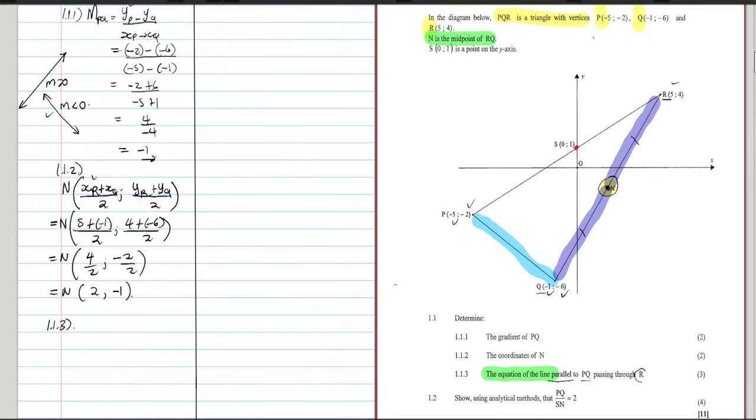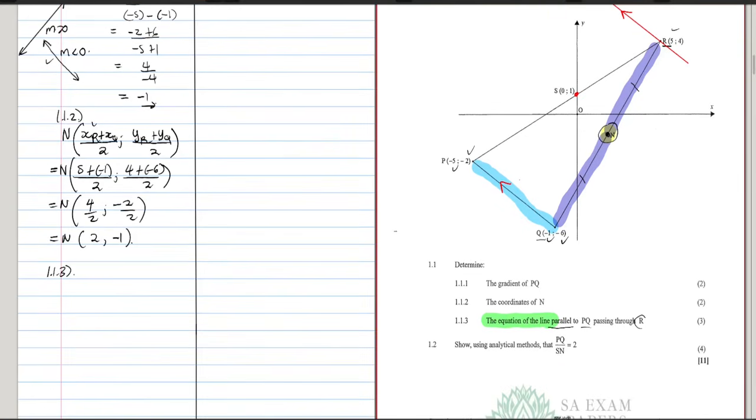So the line is a straight line like this, and it passes through R. Another piece of information is that this red line is parallel to PQ. Like I said, you need two things to find an equation of a line. The first one is getting a point. Check, we do have a point that lies on that line, it's R. Number two, we need a gradient of that red line before we can find the equation.